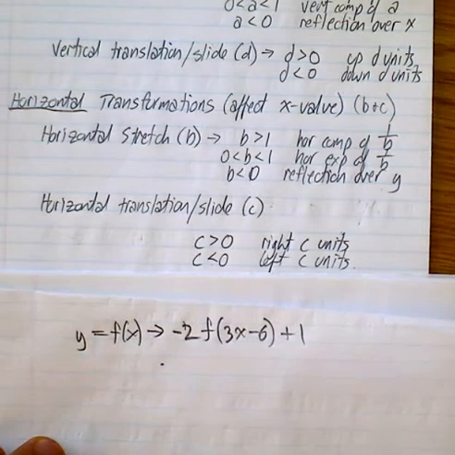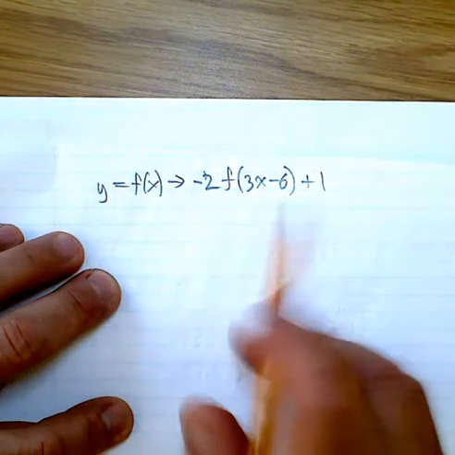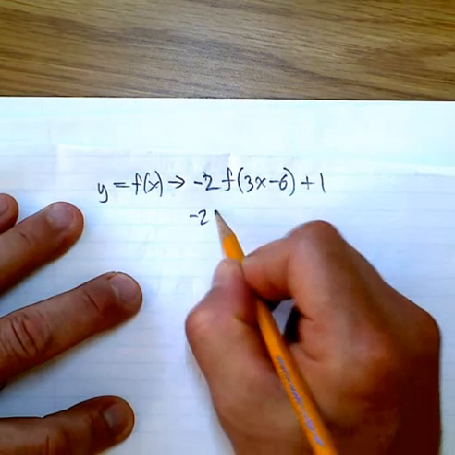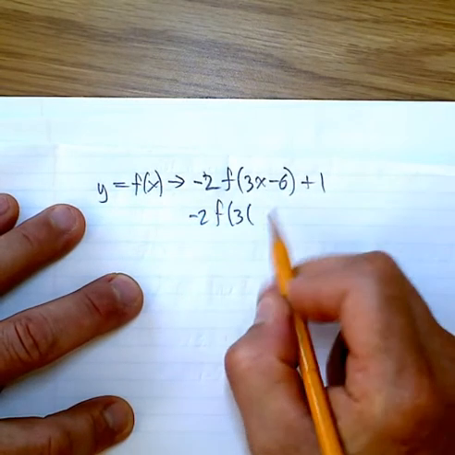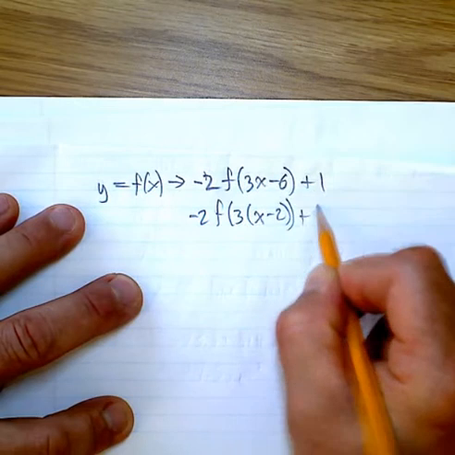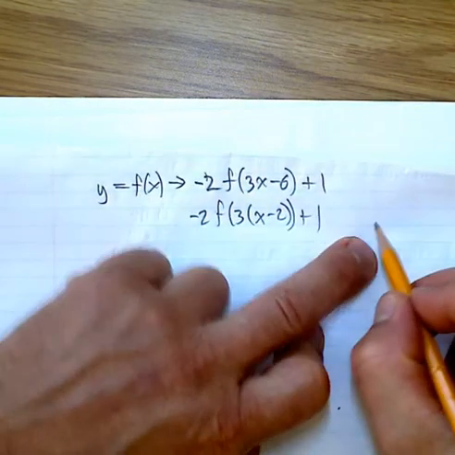Well, before you can get all your transformations here, you're going to need to look at this inside here and see that in order to get the right translation, you need to factor out that 3. Boom, there we go.